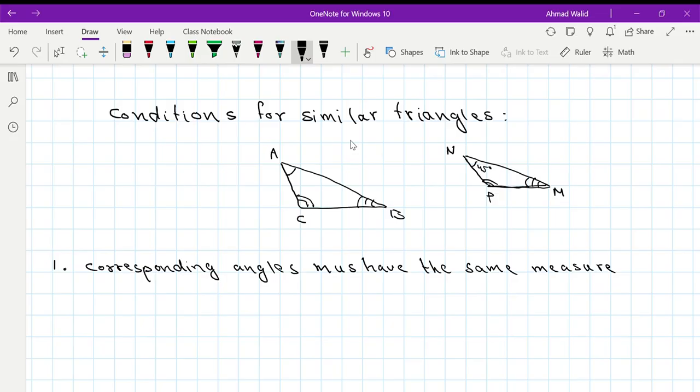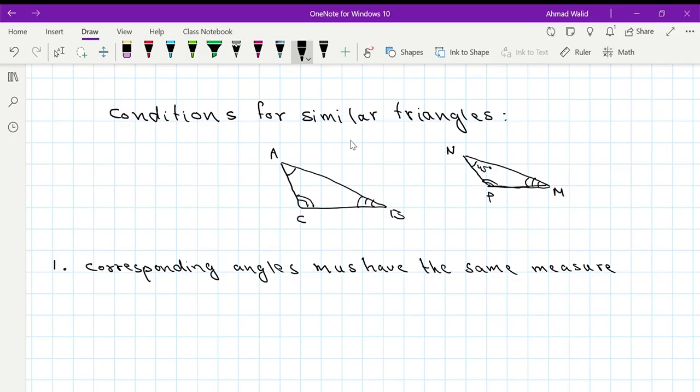Corresponding angles, you see: corresponding to A is N, corresponding to C is P, corresponding to B is M. Corresponding angles should have the same measures.